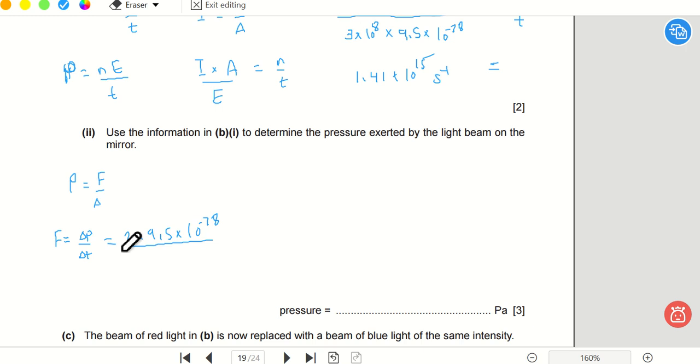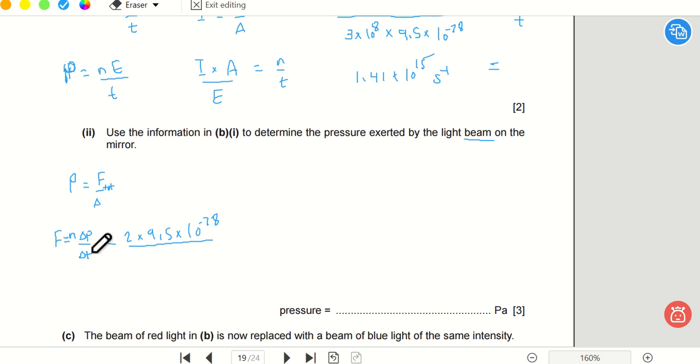I want to add here that this is the force exerted by only one photon. If we want the total force to find the pressure, we have to multiply by number of photons. So N delta p over delta t is the force exerted by all photons, which is the force exerted by the beam on the mirror.